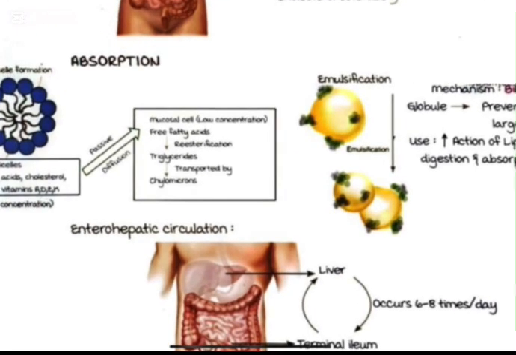Absorption: micelle formation, bile salt micelle, free fatty acids, cholesterol, fat soluble vitamins A, D, E, K, high concentration, passive diffusion, mucosal cell, low concentration, free fatty acids, re-esterification, triglycerides, transported by chylomicrons.